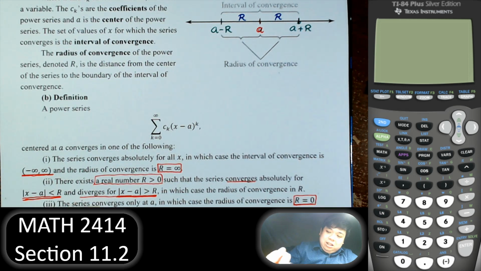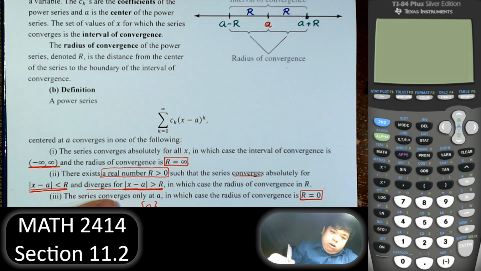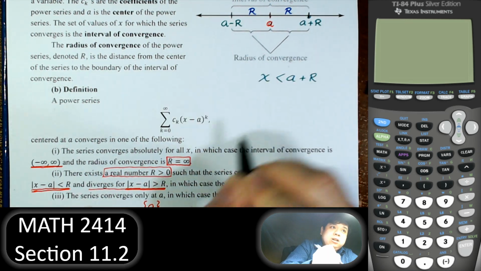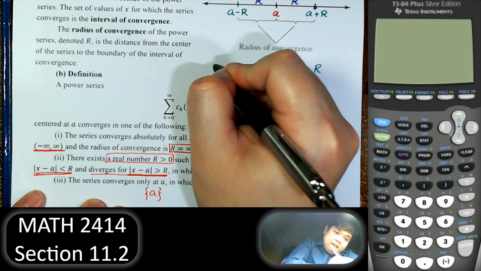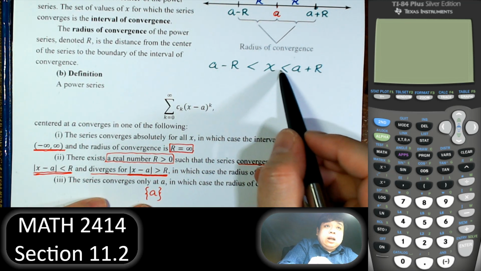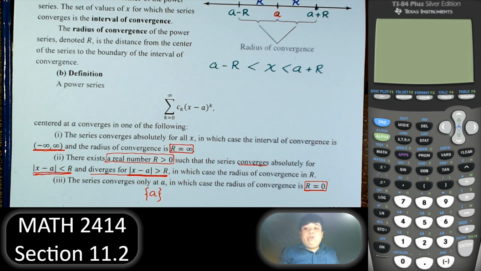So when we write it like this, it is the same thing as saying x is between a minus r and a plus r. Now the only problem is, like I said before, we can have equality on either one of them. We just have to check both of them.